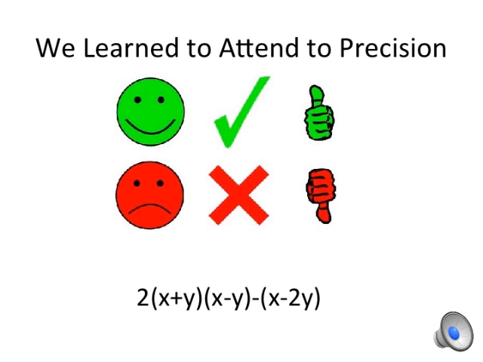Or better yet, even if you can still solve an equation like 2 times x plus y times x minus y minus x minus 2y, you could solve it, but do you have any idea where you might use this in your life? Did our teachers even know where this might be used in real life? We settled for the conclusion that if our calculation was correct, that was good. If our calculation was incorrect, that was bad.